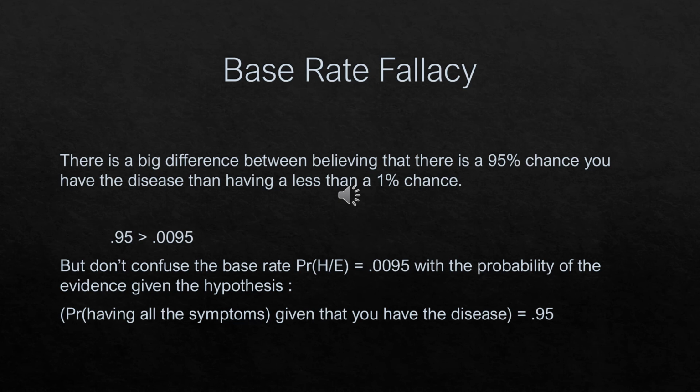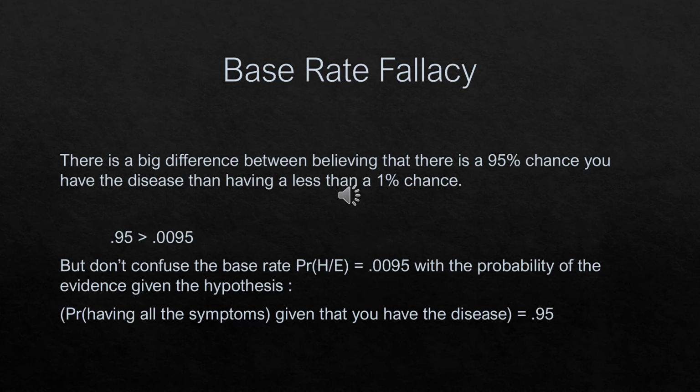And the actual, what we would call the evidence given the hypothesis, which would be the probability of having all the symptoms that you have, given that you actually have the disease to begin with. These are two very different things. The probability that you have the disease, given that you have all the symptoms, is very low. The probability that you would have all the symptoms, given that you actually have the disease, well, that is actually quite high. And so oftentimes people confuse these two things.